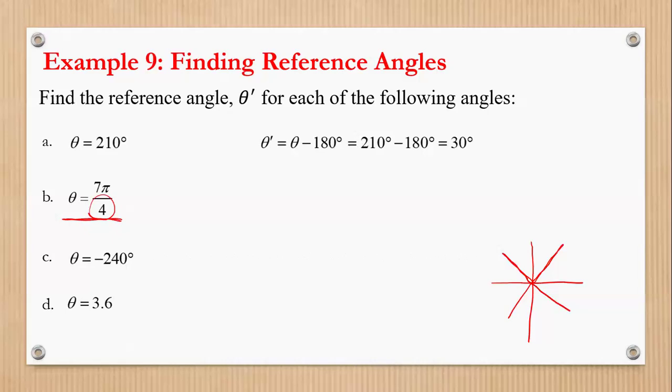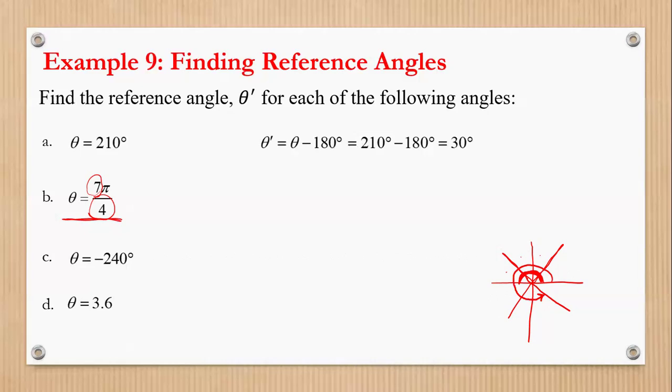That means from 0 to 180 is divided into 4 parts: 1, 2, 3, 4. Now, I need 7 pi over 4. That's 1 pi over 4, 2 pi over 4, 3 pi over 4, 4 pi, 5 pi, 6 pi, and 7 pi over 4.